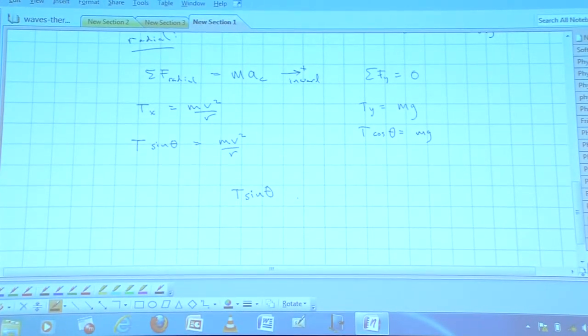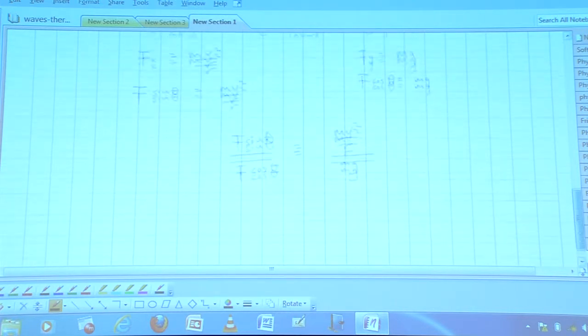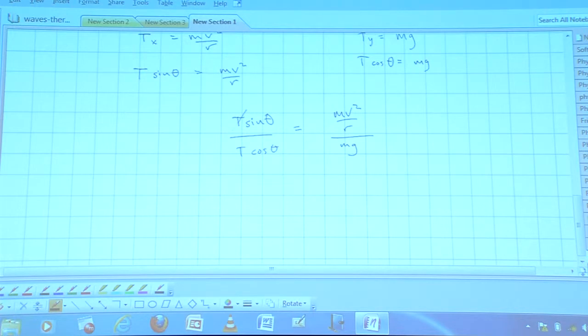T sine theta equals mv squared over r, and we divide it by the other one. On this side, the T's cancel. We get the tangent of theta. The masses cancel, and it's v squared over gr.